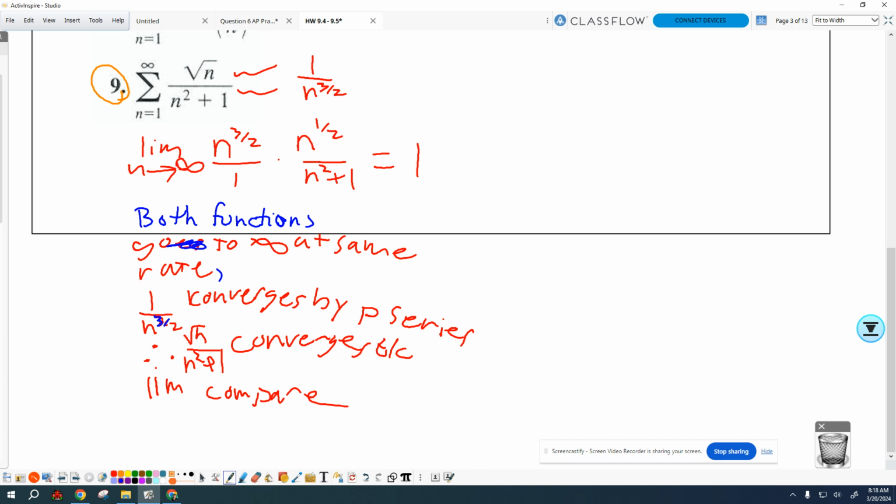Okay, this is not direct comparison, this is limit comparison. What he did was divide this and then multiply by that, which technically comes out to finding one function over the other.